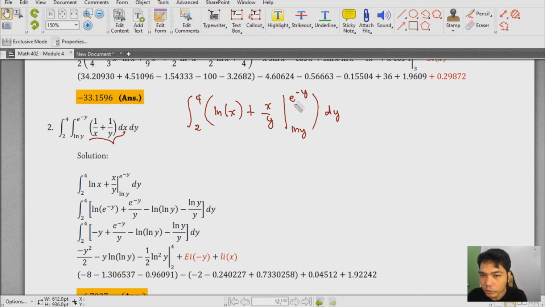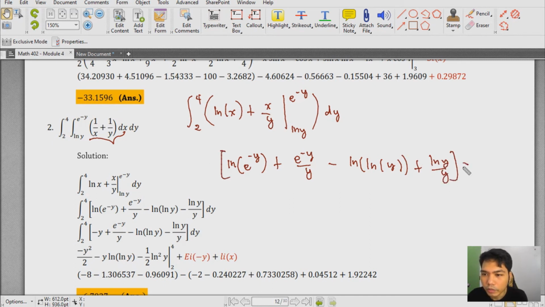Okay, then we substitute yung ating mga limits. So we have ln of e raised to negative y, and then plus e raised to negative y over y, minus ln of y, okay, and then plus ln of y over y, and then we close this with dy, the integral from 2 to 4.